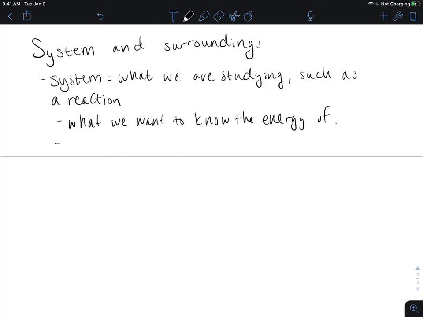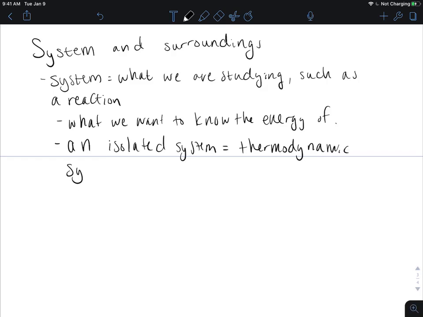Okay, now we have a special case, where we have an isolated system. An isolated system is where we're trying to basically have no contact between the system and the surroundings. So this is a thermodynamic system that can't exchange energy or matter outside of the boundaries of the system.